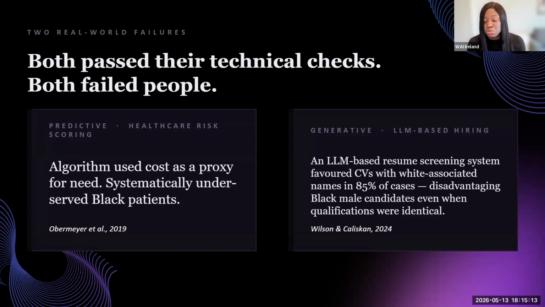So if the model is optimized for engagement targets, it will serve more ads to men than women, right? Here again, models are just replicating the biases, the gaps that we have, over time.